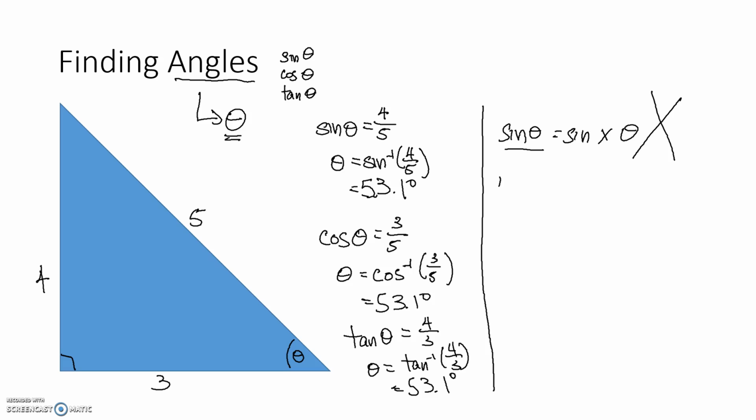So you can't do this: sine theta equals 4/5, theta equals 4/5 over sine. No, you can't do this. This is not a multiplication, it is a notation that requires us to look for the sine ratio associated with theta. So please bear that in mind.